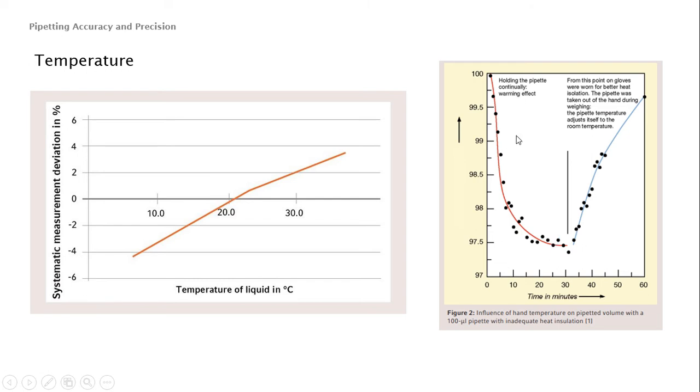You can see that with bare hands there is a great reduction of volume, meaning once you transfer heat to the air cushion inside your pipette, the air inside the pipette will expand. So it causes the pipette to aspirate a lesser volume of liquid.